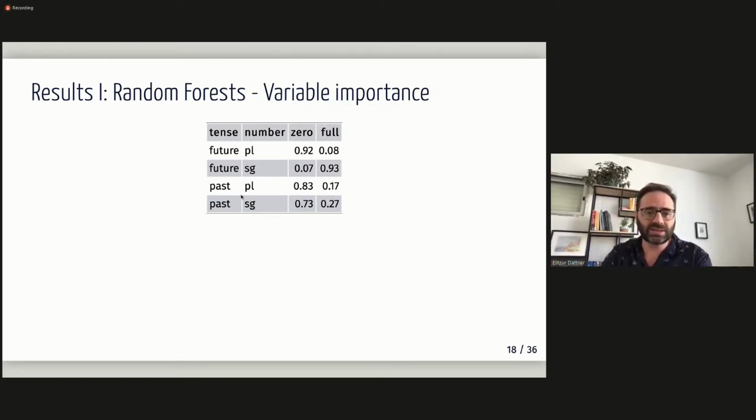And in the past, you see that there is a kind of preference for zero realization. Okay, so that's one kind of result we can look at. But here, we don't see any effect of age. And if we look at the data, we do see that the children's language is developing within this very large age range between 2 to 8.